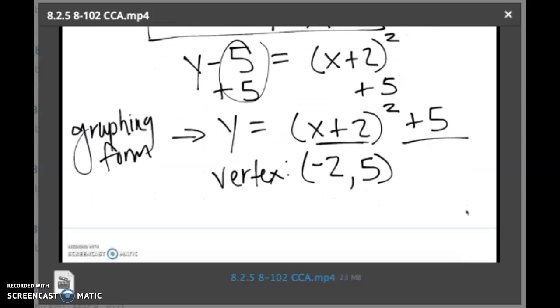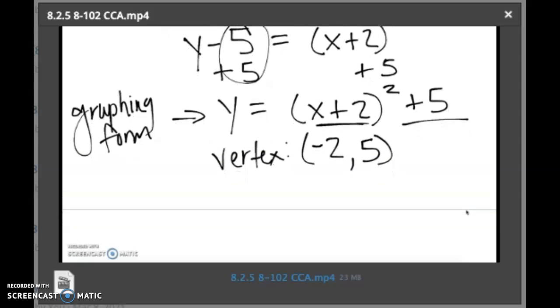Okay, so to do that, if I want to use this form that I have, I'm going to take what I have in graphing form. And if we're trying to solve for the x-intercepts, we have to let y equal 0.